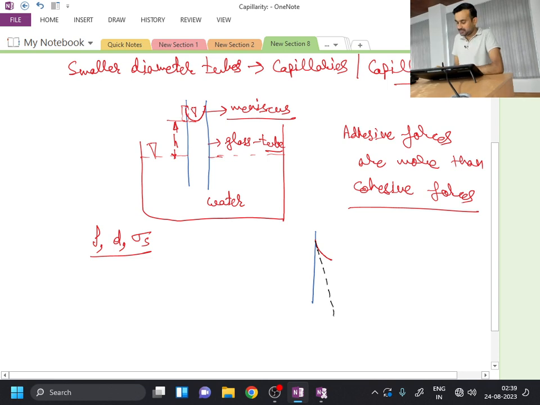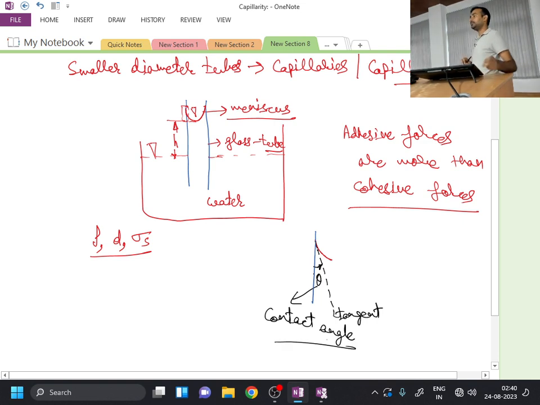Okay. So this is a tangent at the solid liquid contact point, and this tangent is tangent to the free surface of the water. Whenever we measure the angle from the solid side, within the liquid side, whatever angle it is making, this particular angle theta is called the contact angle.